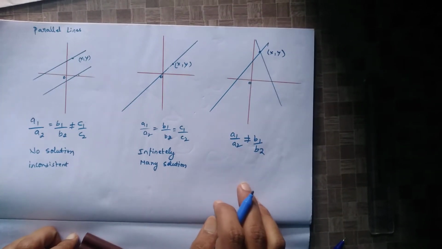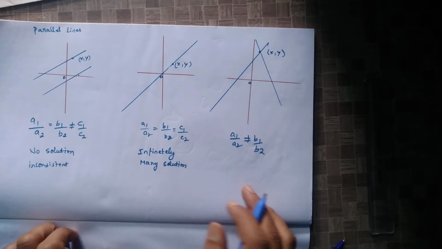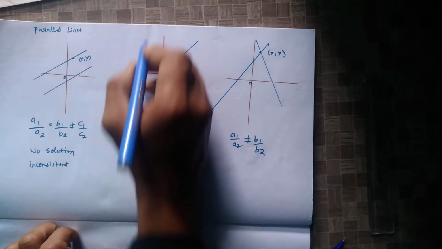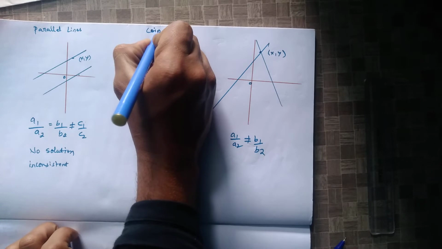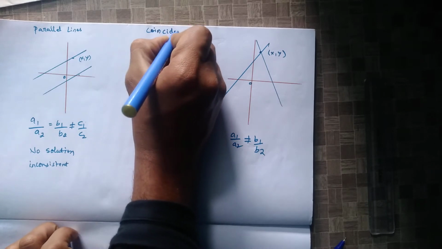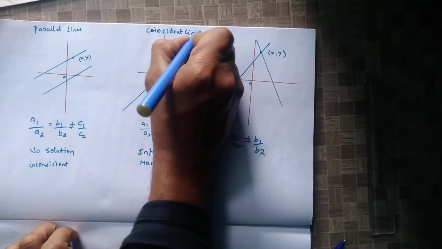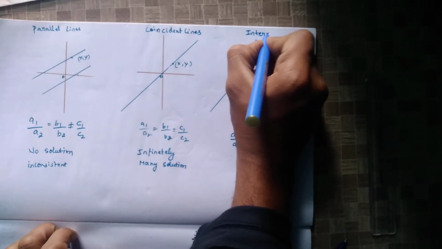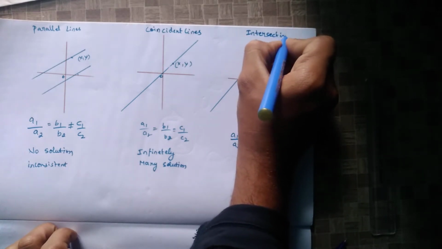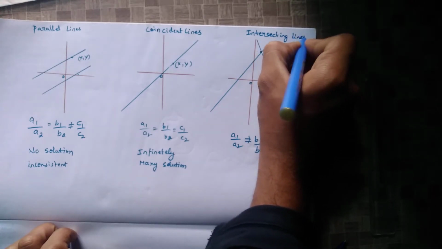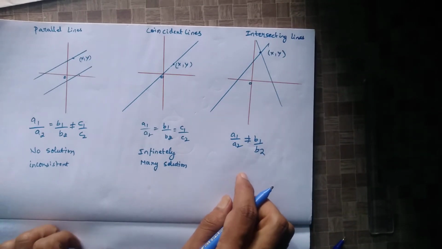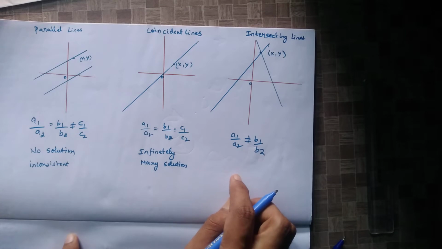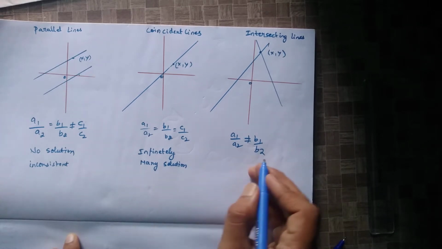So these are intersecting lines, and these are coincident lines. So it has exactly one solution, a unique solution. It has only one solution.